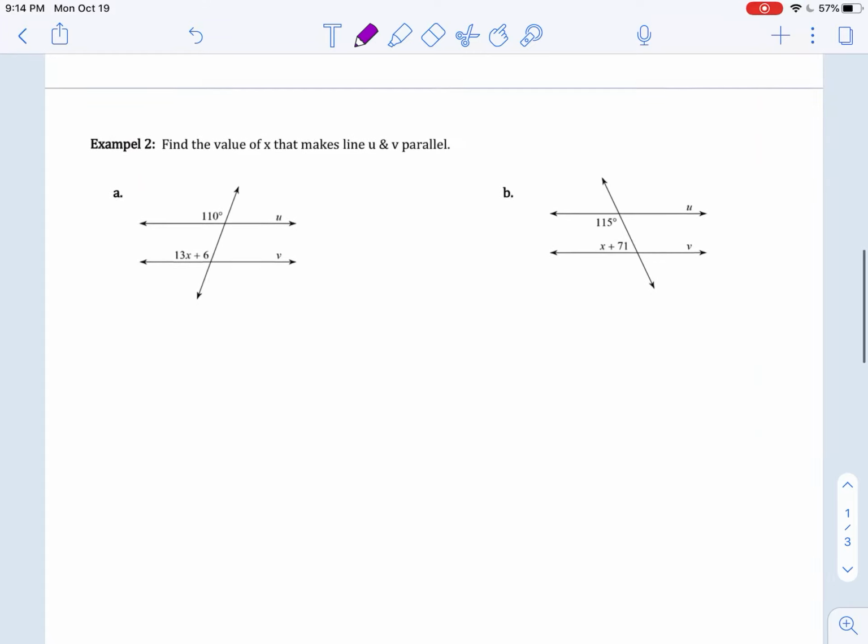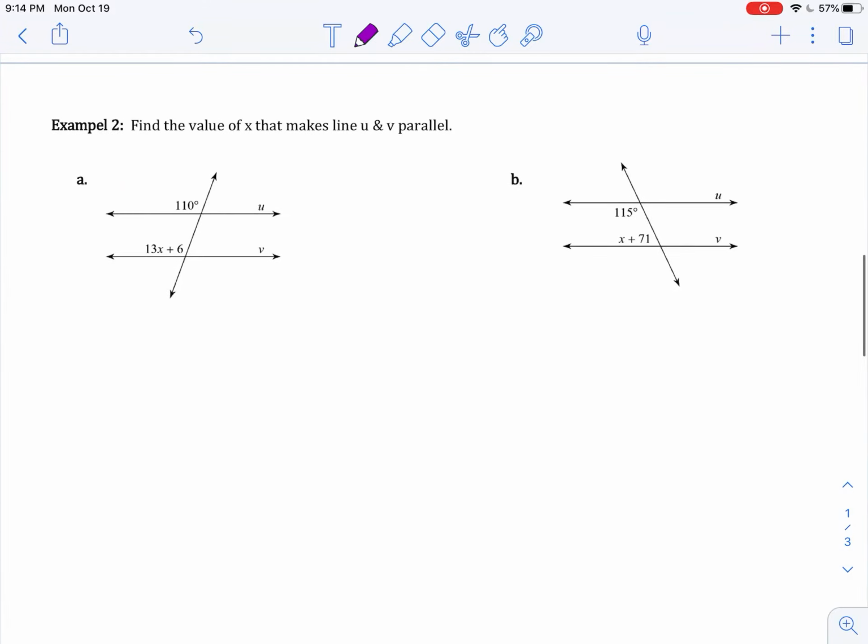Well, this is going to feel kind of similar to 3.2, but again, notice that lines U and V in example 2, which I spelled wrong, do not have the parallel markings on them. So it says find the value of x that makes the lines parallel.